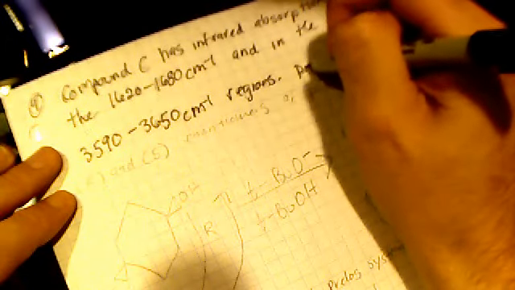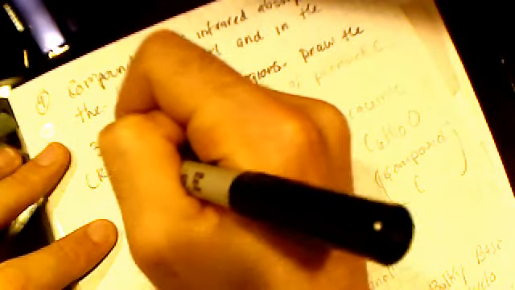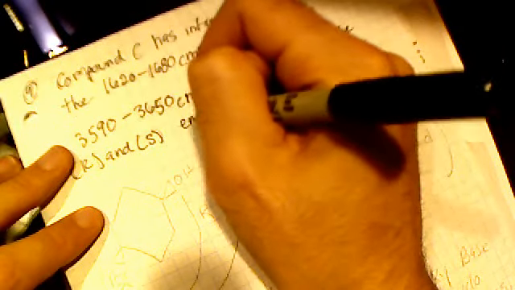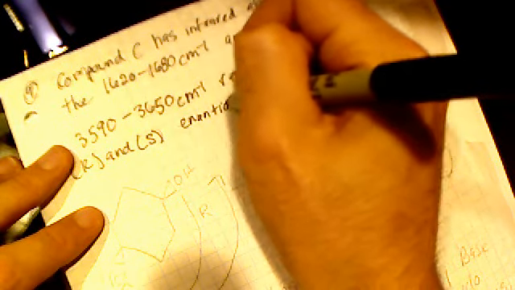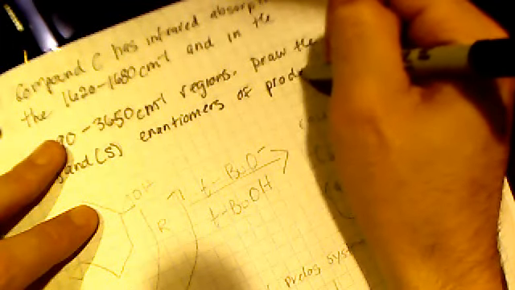So it says draw the R and S enantiomers of product C. So here's the molecule they give us.